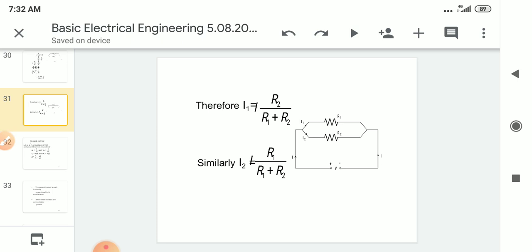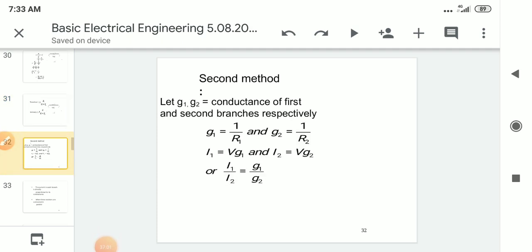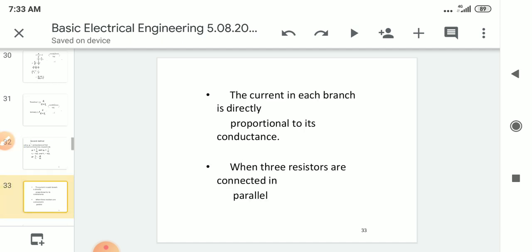I2 is equal to I into its opposite resistance by total resistance. So this is a way to calculate when only two resistances are in parallel circuits. This is a rule for current division. Here this method is only for two resistances.